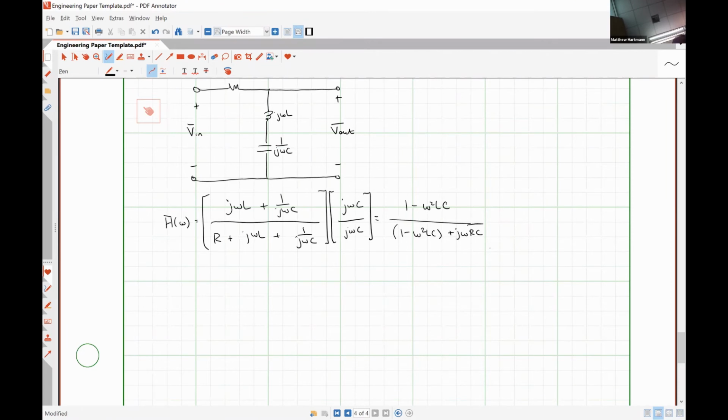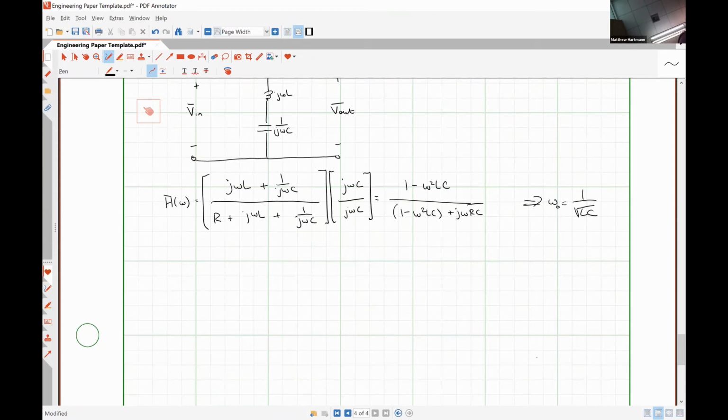So our resonant frequency, omega naught, is still 1 over the square root of LC. In the previous example, our resonant frequency occurred where the amplitude was at its maximum. In this case, it occurs where our amplitude is at its minimum. But it's all about whether or not the transfer function is purely real. That's what defines the resonant frequency.